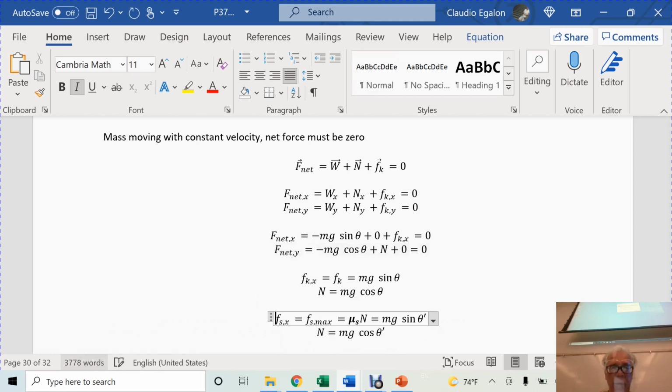Now we do not have a maximum value because it's a coefficient of kinetic friction. The coefficient of friction becomes the coefficient of kinetic friction. It's no longer theta prime; I define it as theta.